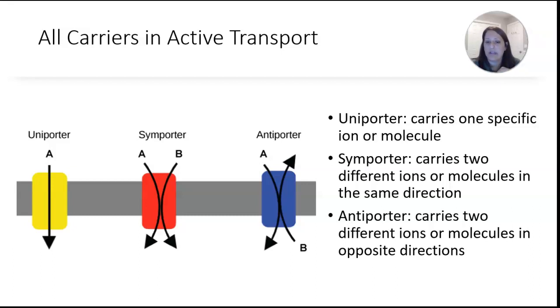The third type, the antiporter, again carries 2 different ions or 2 different molecules, but it's going to carry them in opposite directions. And so the sodium-potassium pump that we just looked at a few slides ago is an example of an antiporter. A carrier protein changes shape, does active transport, carries sodium in one direction, potassium in the other direction. So it's an antiporter.